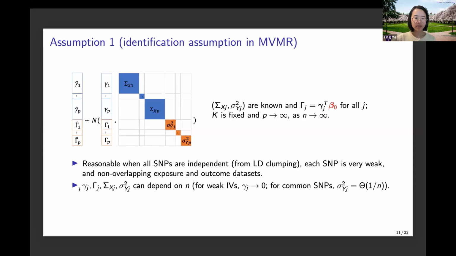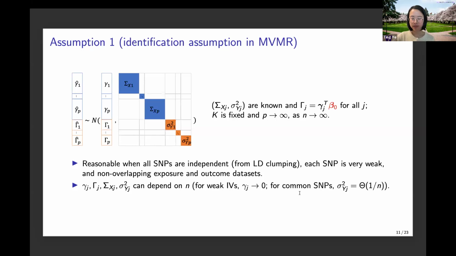And notice that all these true values can depend on the n, so they can be drifting sequences. For example, for weak IVs, the association parameter goes to 0 if it's a very weak IV. So we will model it as something that goes to 0 as the sample size goes to infinity. So this is a weak IV regime.